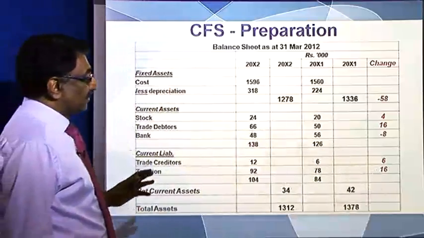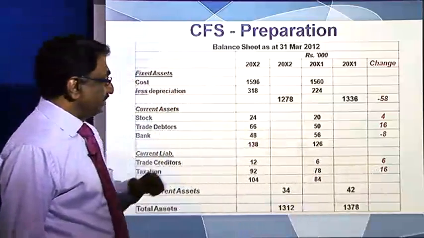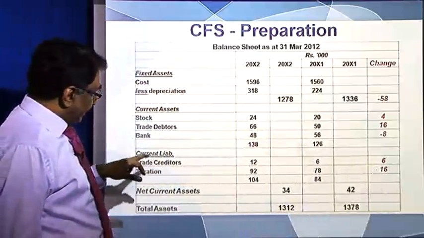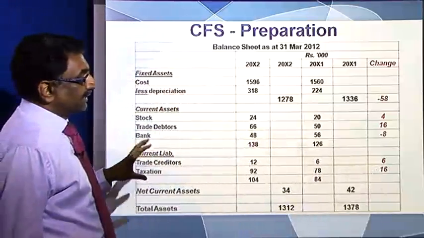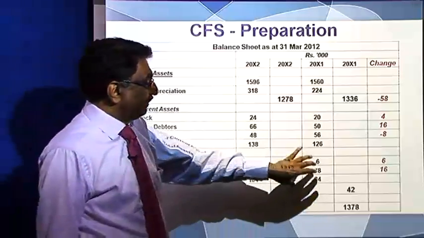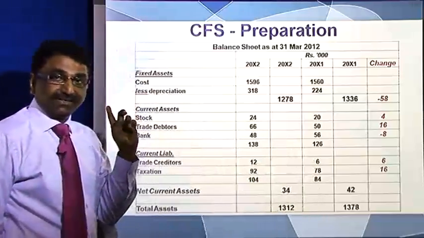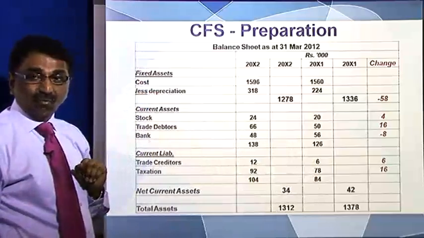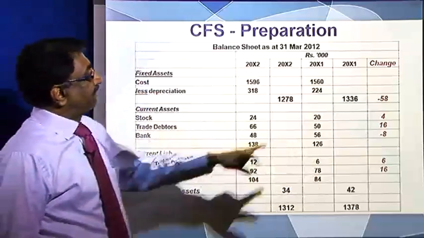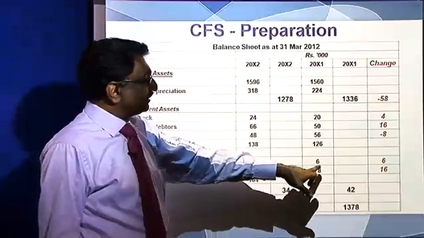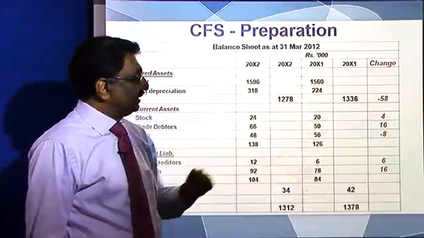The taxation amount has also increased from 78 to 92. This will also be a source of fund, but for taxation we have to keep in mind that we had a current year taxation figure of 124. I told you before, we already have an outstanding balance shown at the end of X1 as 78.